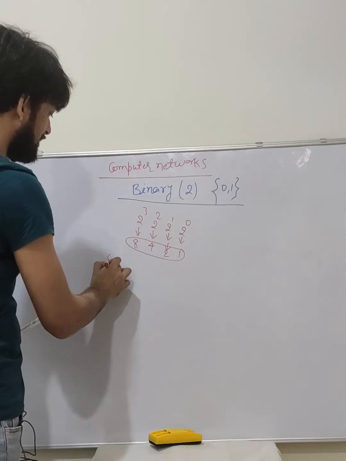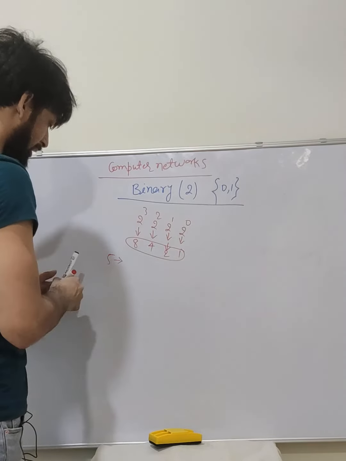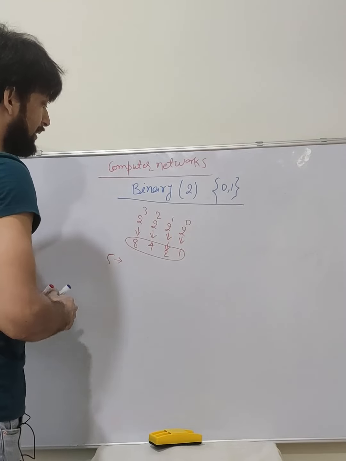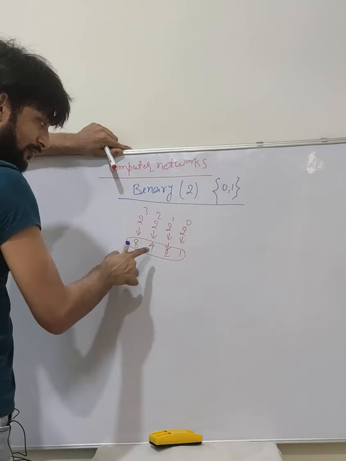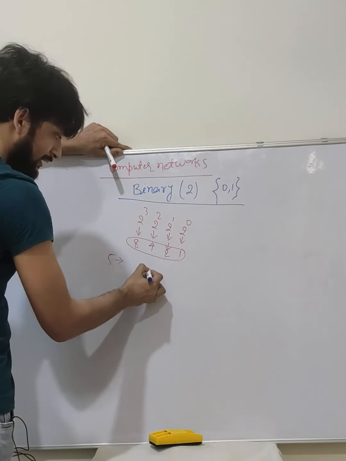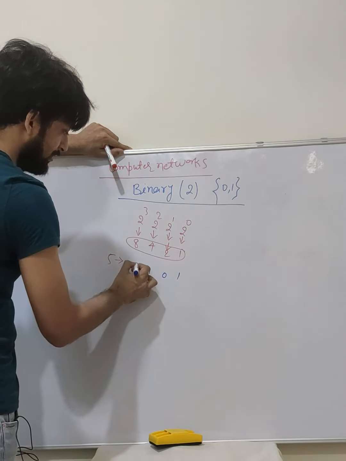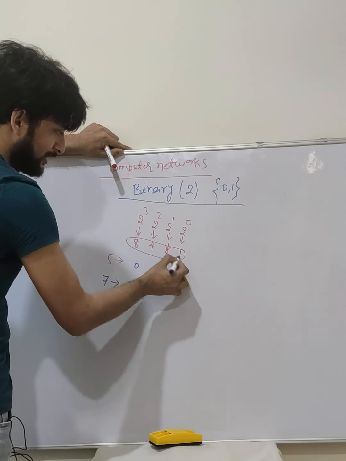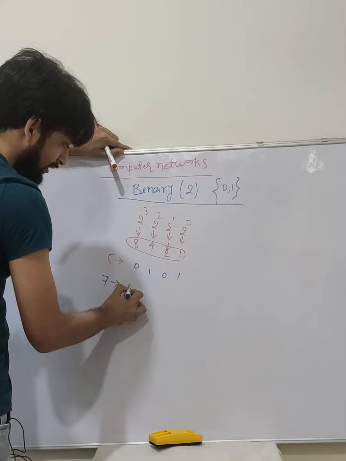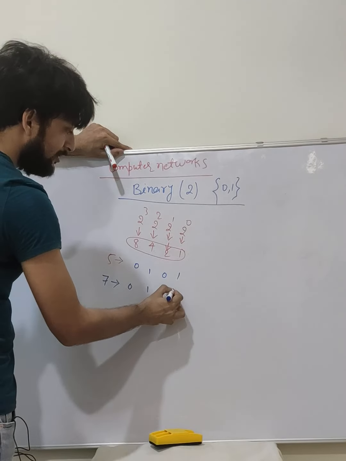If we want to represent 5, then 4 plus 1 is 5, only one way. These 2 bits are 1, remaining bits are 0. If we want to represent 7, 4 plus 2 plus 1 is 7. The 8 bit is 0 and these 3 bits are 1.